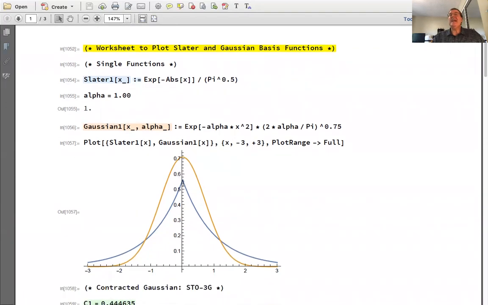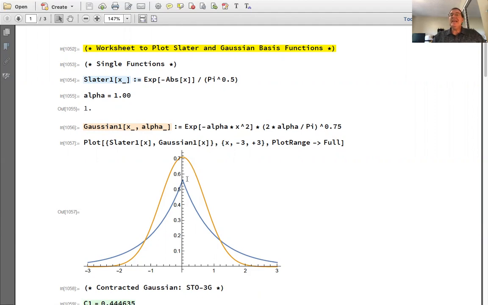And here is that. I've color-coded. Here's blue Slater. This is what an exponential function looks like. It has a cusp at the nucleus, that is, it does not have a well-defined derivative at the nucleus, and it decays exponentially away from the nucleus. On the other hand, a Gaussian in x goes as e to the minus some coefficient I've called alpha, x squared.